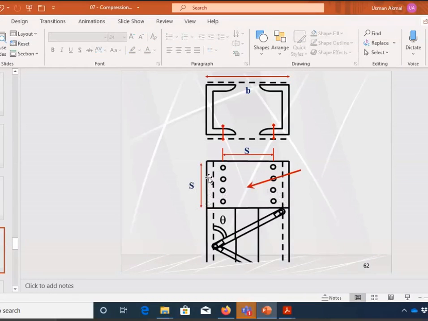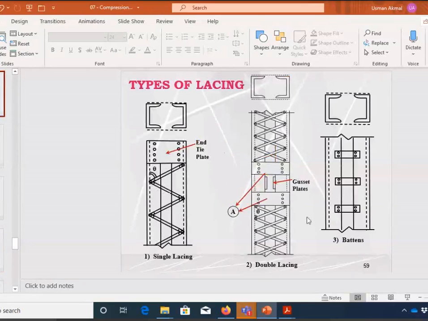So this length will be S and the total width will be equal to the B value. So the length of this tie plate will be S, the thickness will be S by 50, and the width will be equal to the total B value.